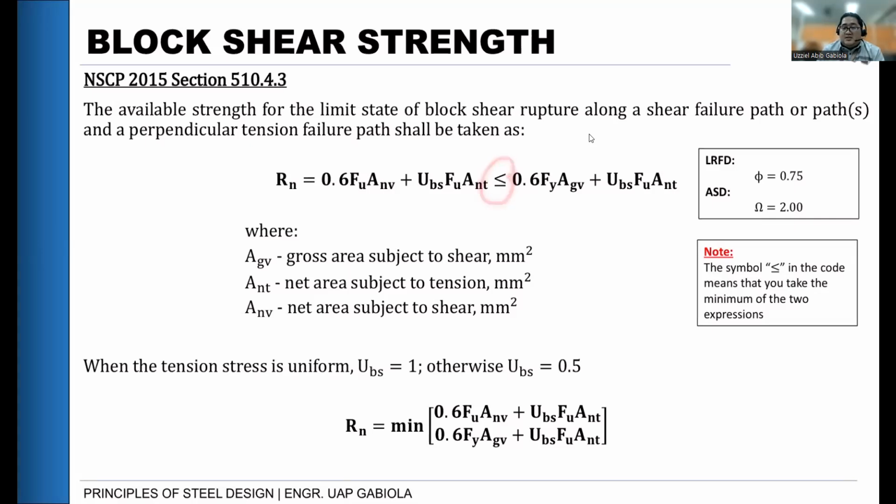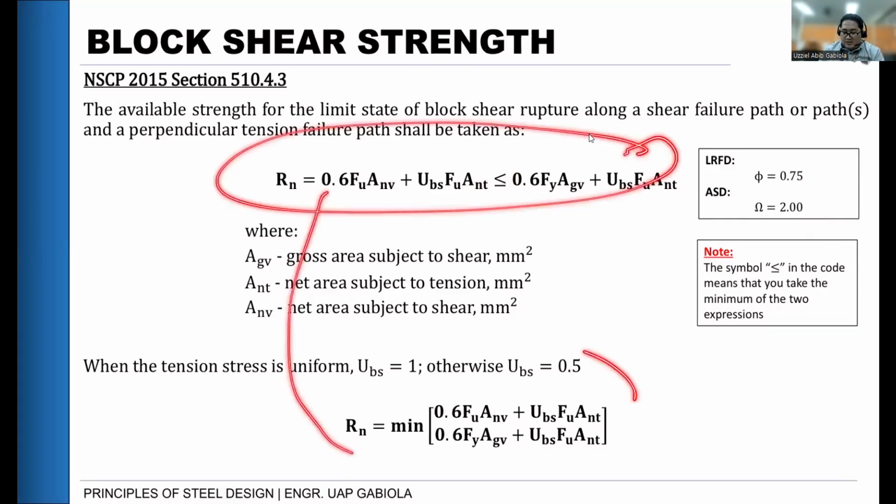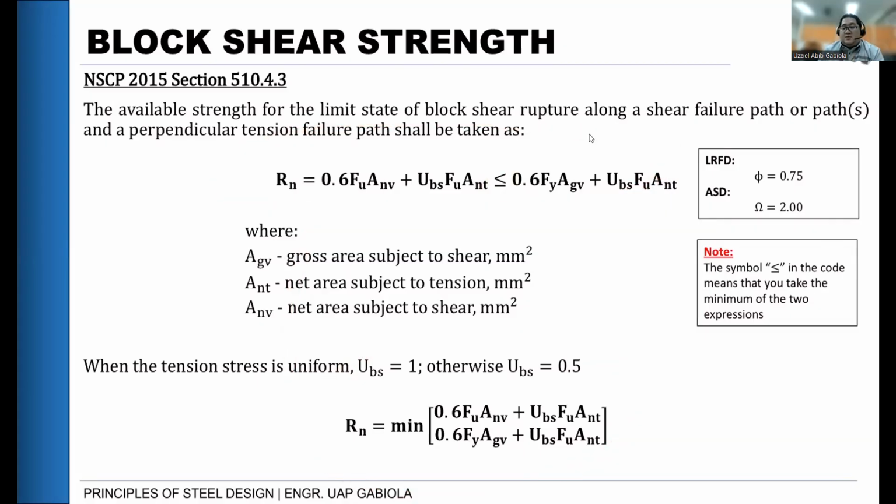Once meron tayong symbol na ganyan do sa mismong equation natin, it means na we need to take yung minimum do sa dalawang expression natin. Okay? So, itong formula na ito, simplify ko further now to this form. Okay? At least, mas madali siyang intindihin na dapat ang kukunin natin is minimum value between the first set of equation versus the second set ng equation natin.